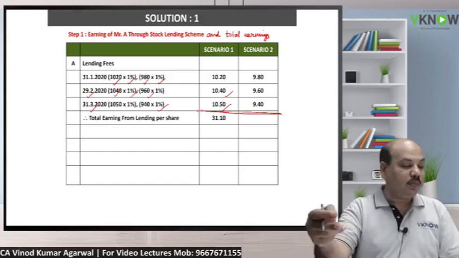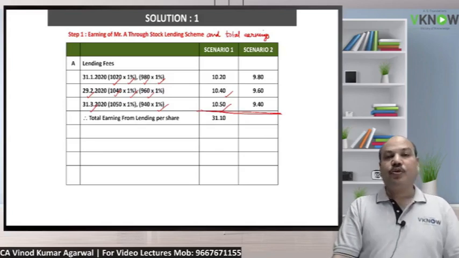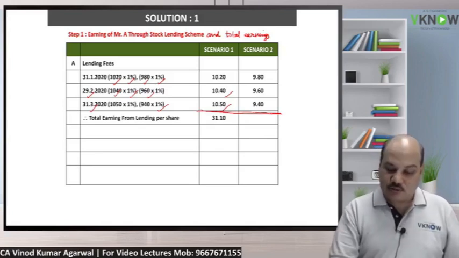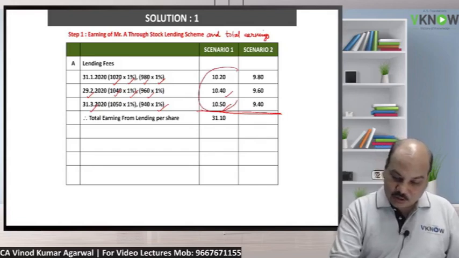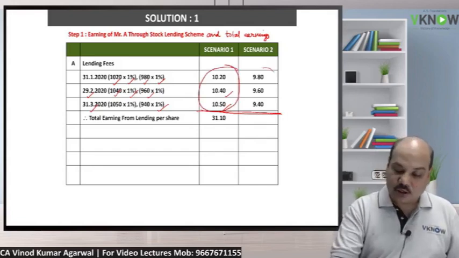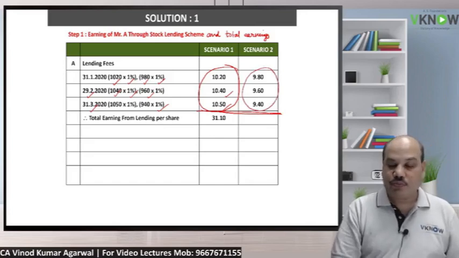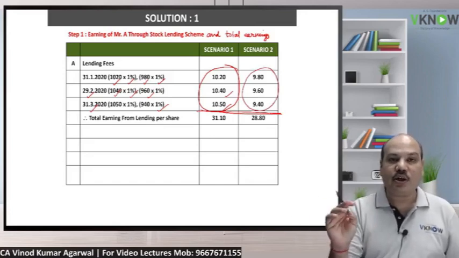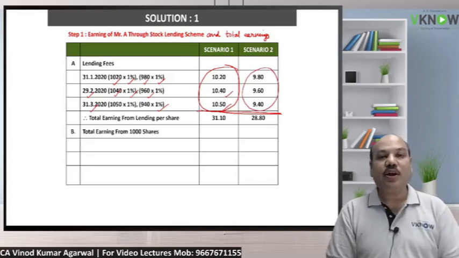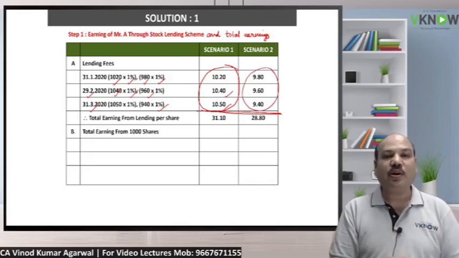So if you take the total now, this will give you total earning from lending per share, because I have not yet multiplied by 1000. So per share my stock lending fees earned is, add these three numbers, 31.10. Again, add these three numbers, you are getting 28.80. This is per share under two scenarios. And how many shares have been lent? 1000 shares have been lent.